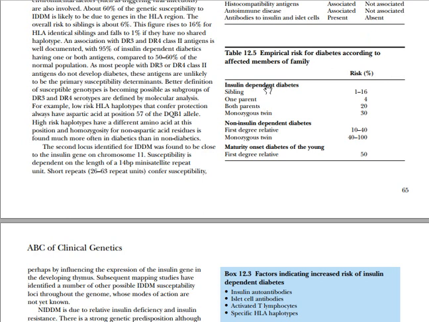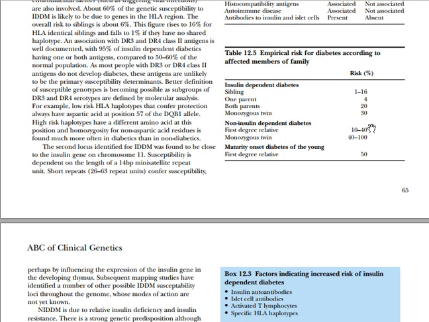For insulin dependent diabetes mellitus, the siblings' risk is 16%, both parents 4%, and monozygotic twins 30%. While in non-insulin dependent diabetes mellitus, monozygotic twins have 40 to 100%.